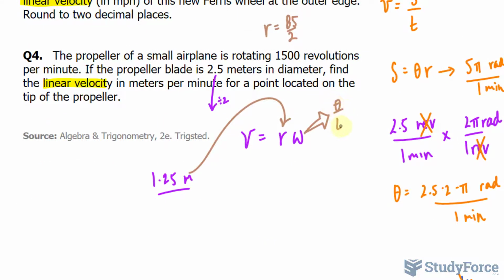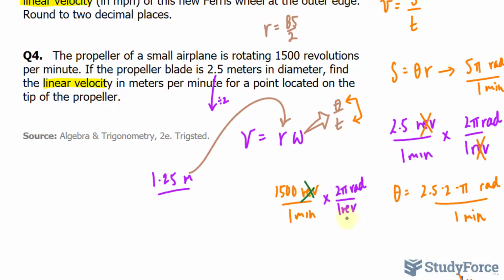Theta over time. So what we need to do is convert 1,500 revolutions per minute, and that will essentially give us this relationship. So 1,500 revs per 1 minute, multiplying that by 1 rev at the bottom and 2 pi radians at the top.